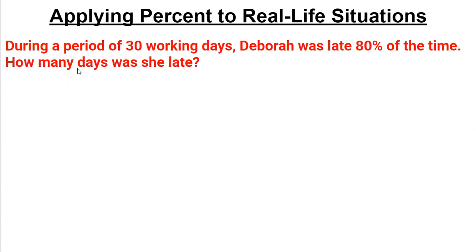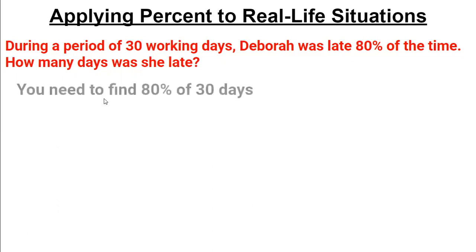Well, think about it. Is this going to be a fairly big number or a fairly small number? Is it going to be closer to 30 or closer to 0? Yeah, it should be closer to 30, right? Because 80% is pretty close to 100%, which is all of it, which would be 30 days. So she's been late 80% of the days.